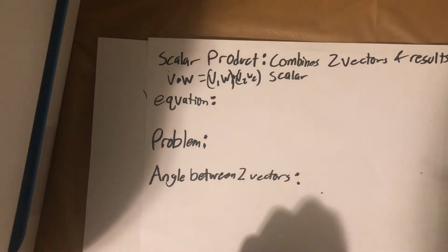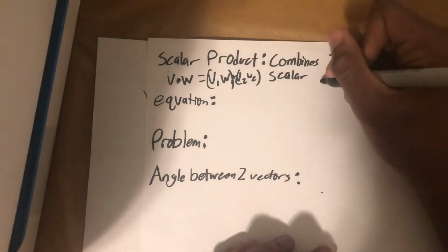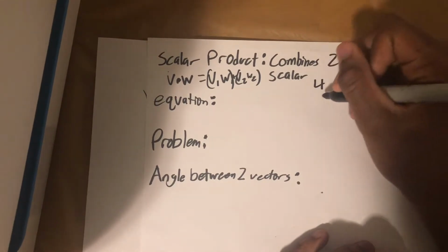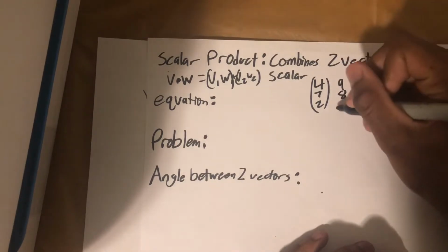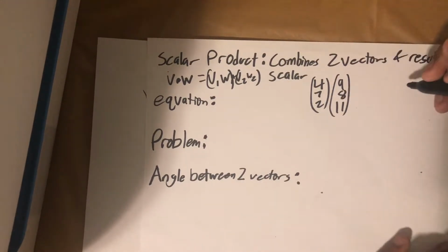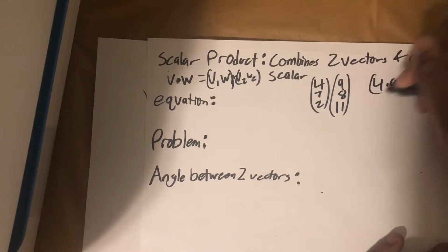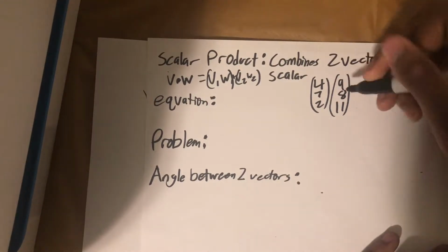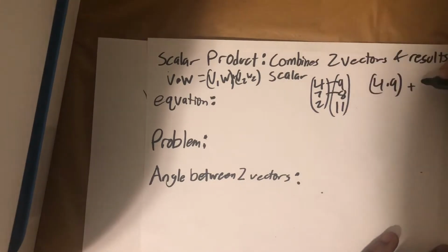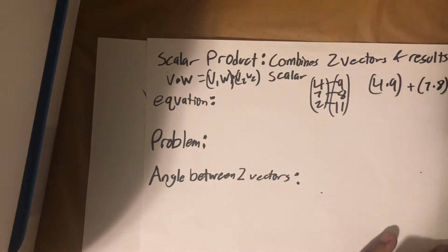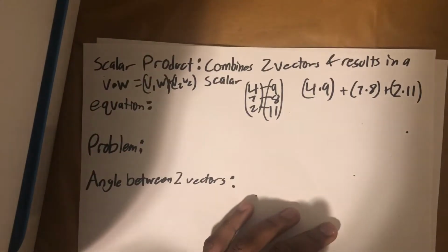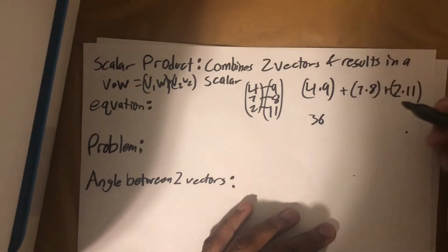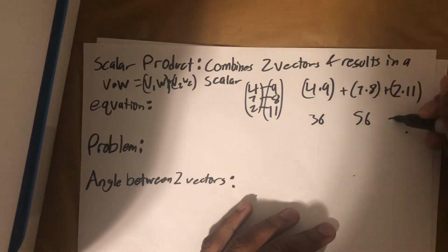So we're going to try this with the vectors 4, 7, 2 and 9, 8, 11. Basically you have 4 times 9 for the first line, plus 7 times 8 for the second, plus 2 times 11 for the last. So this would be 36, 56, 22.